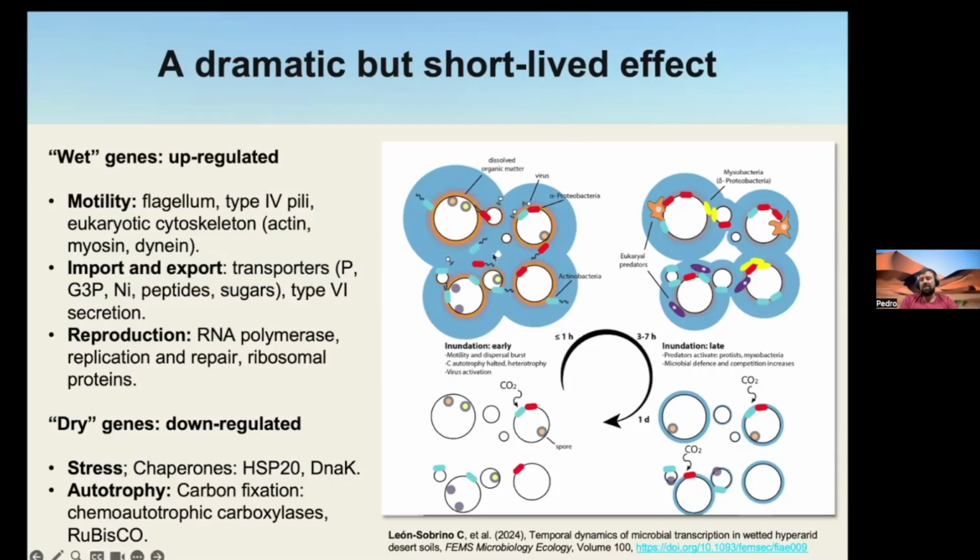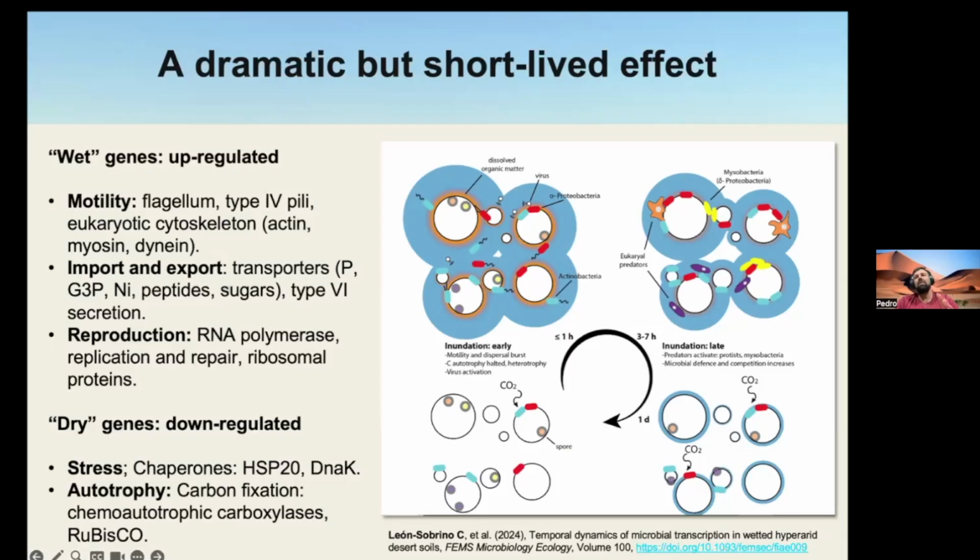And this in turn will attract a bunch of predatory microorganisms, including myxobacteria, but also other bacterial predators, to come and feast on this new bacterial activity. And after 7 hours, as the water dissipates from the system or evaporates, rather, this goes back into the anhydrobiotic state.